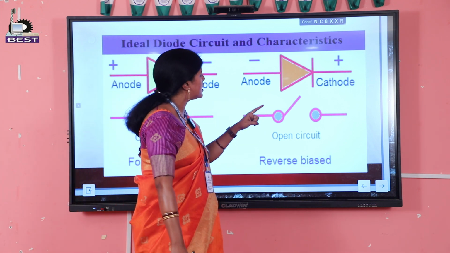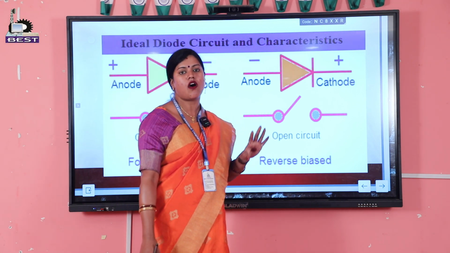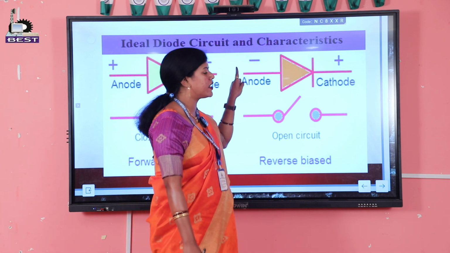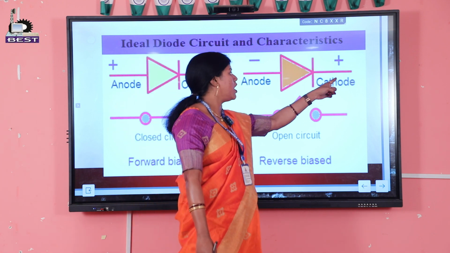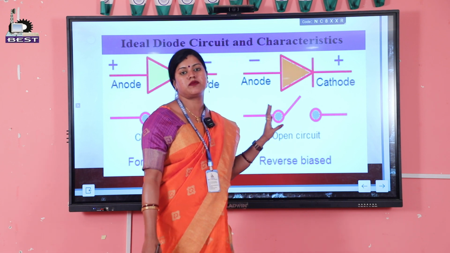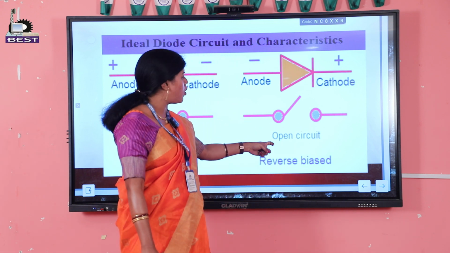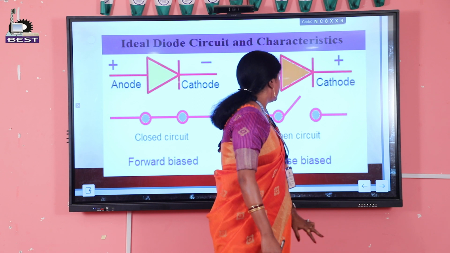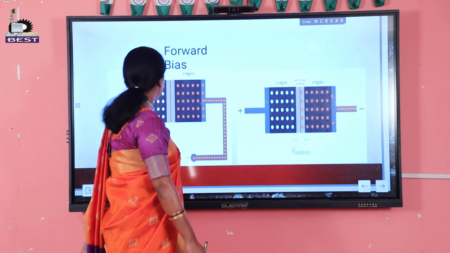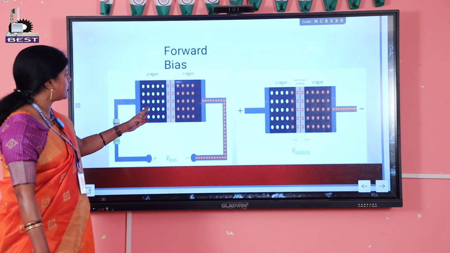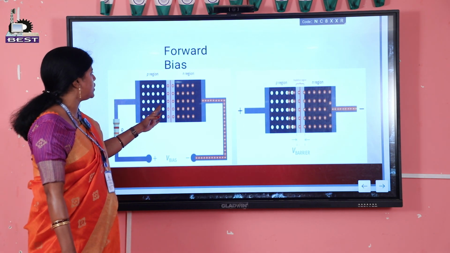During reverse biased condition, the PN junction diode is off. That means the anode is connected to the negative side and the cathode is connected to the positive side of the battery, then it is off, meaning open circuit. This is the figure of how the PN junction diode functions during forward biased condition.